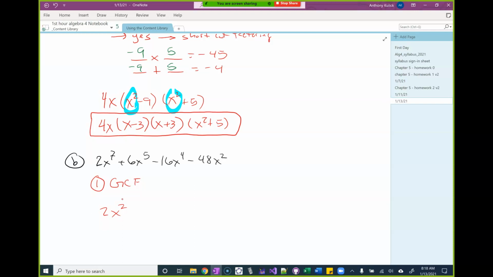Do you guys agree with that? Okay. So when I take those out, I have that. Everybody good with taking the greatest common factor out there and how I did that? Okay.